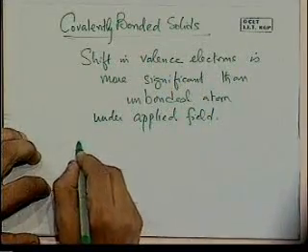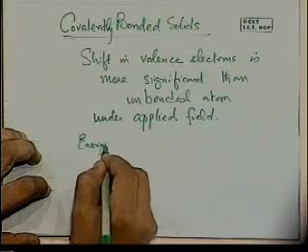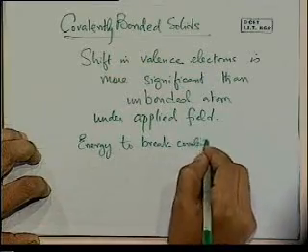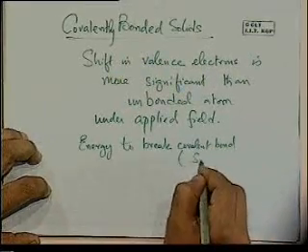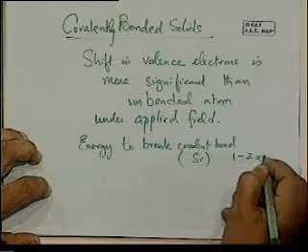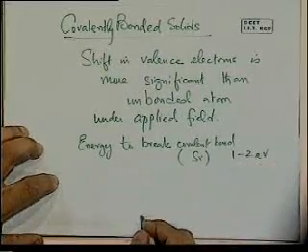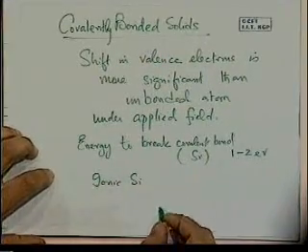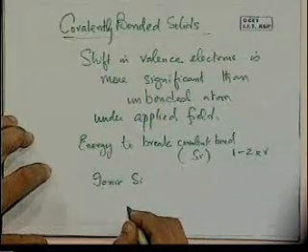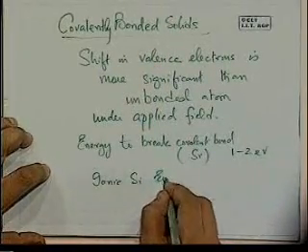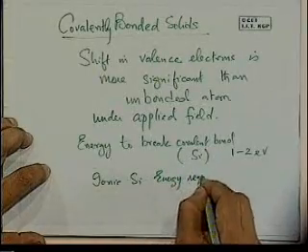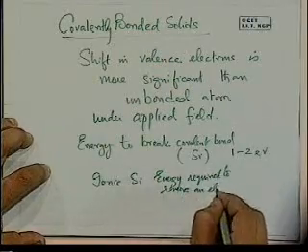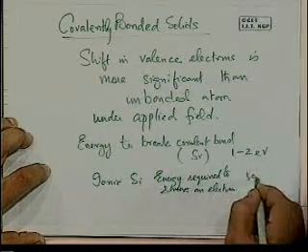You can think of it this way: the energy required to break the covalent bond, for example in silicon, is about 1 to 2 eV. On the other hand, if you had an ionic silicon and you wanted to remove the electron from there, the energy required to remove one electron is about 10 eV or so.